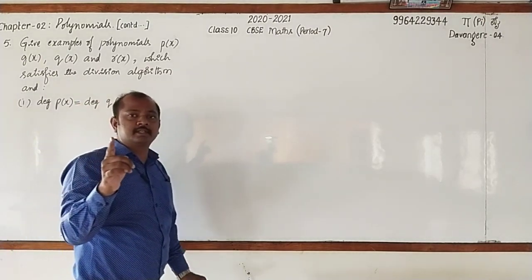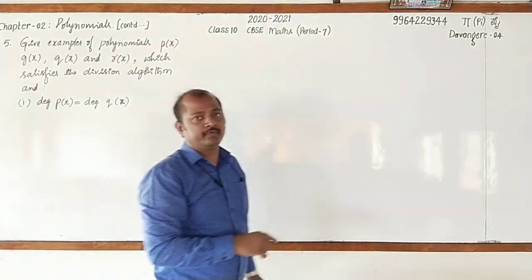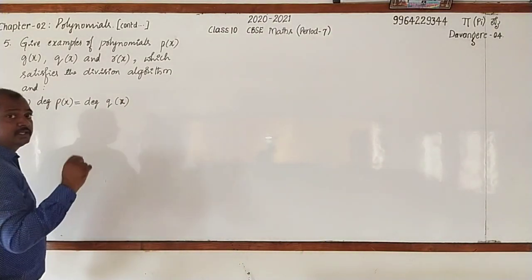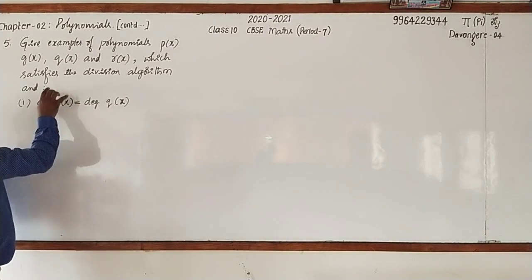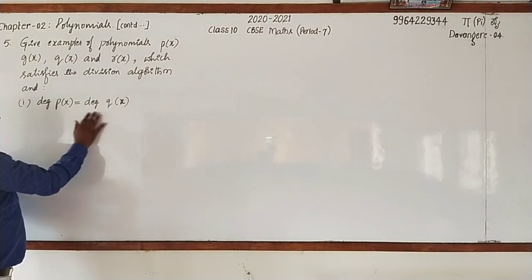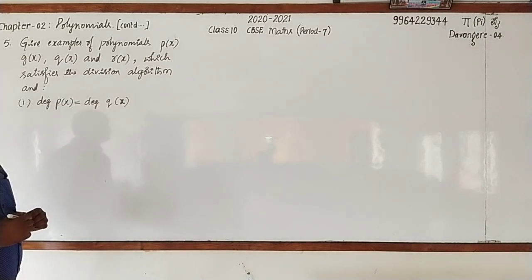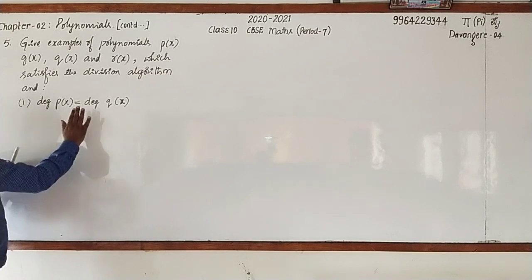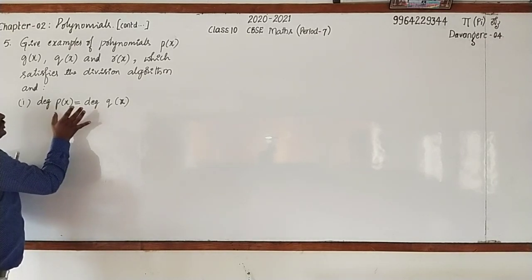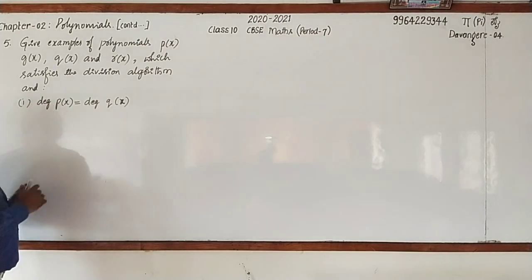P of x is equal to g of x into q of x plus r of x, right? But conditions are given. Those polynomials should satisfy this condition, degree of p of x and degree of q of x. We are going to write the polynomials which satisfy this condition.